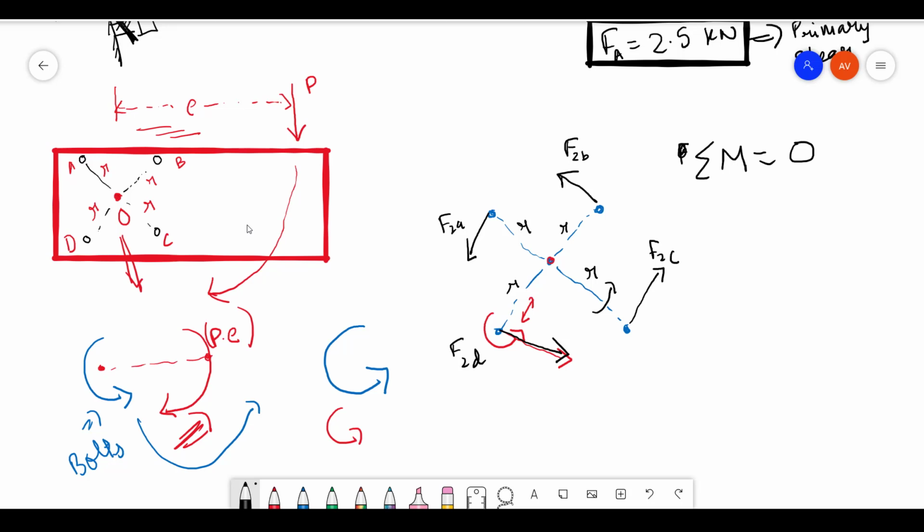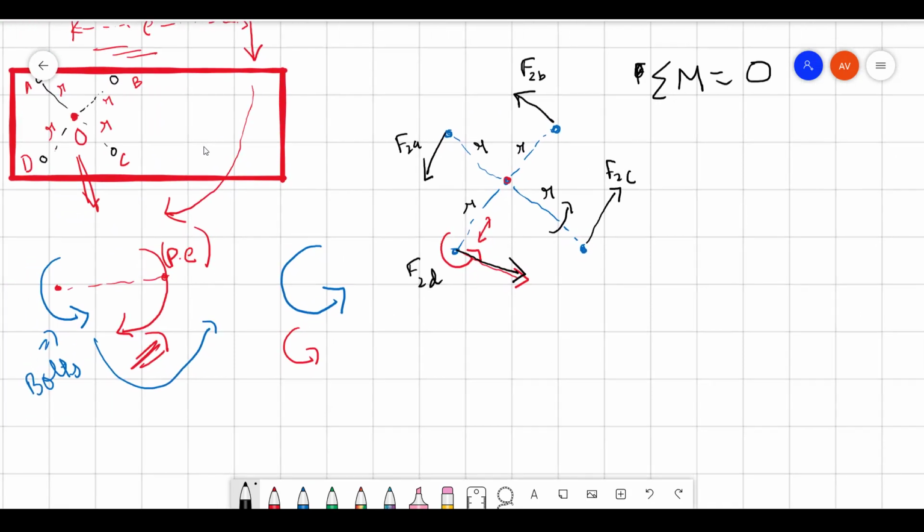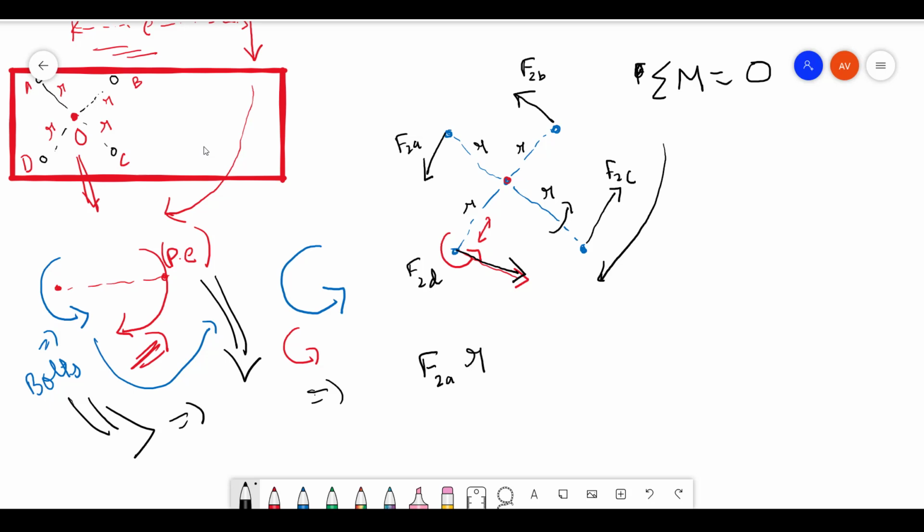So the net moment is coming from two sources. Let's see what the sources are. One is due to this and another is due to this. So these two have to balance. From here, what you can actually write is F2A into R, that is one moment, right?